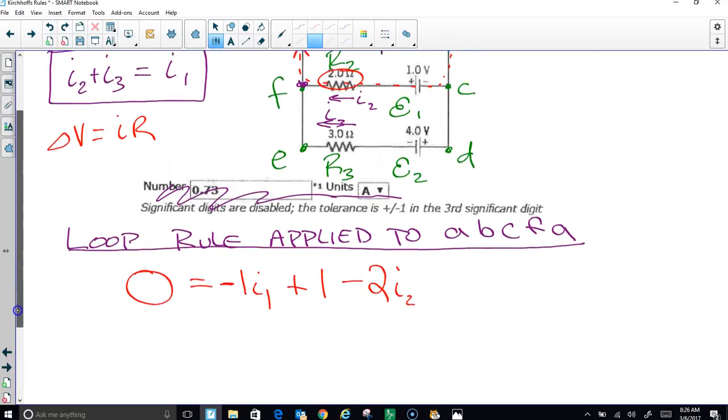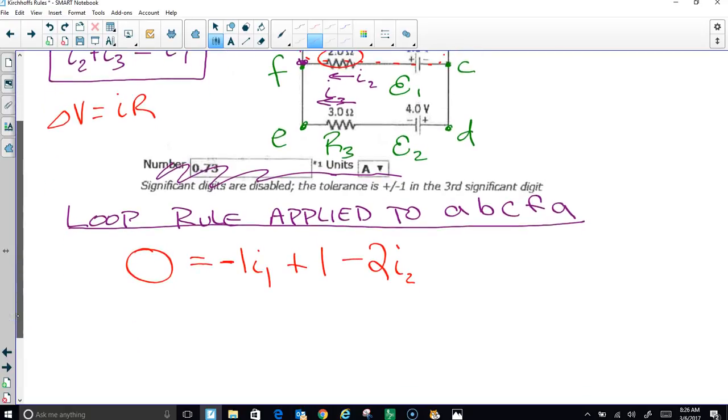What I like to do at this point is solve this equation by putting the constant on one side. Because I got 2 I's, I1 and I2, I can't really do much with it right now. But see if this makes sense. I can write this as 1 equals I1 plus 2I2. Because if I bring the 1 over here, it'll be negative. But then I can multiply everything by a negative 1, and boom, I got this. So I believe this is algebraically correct.